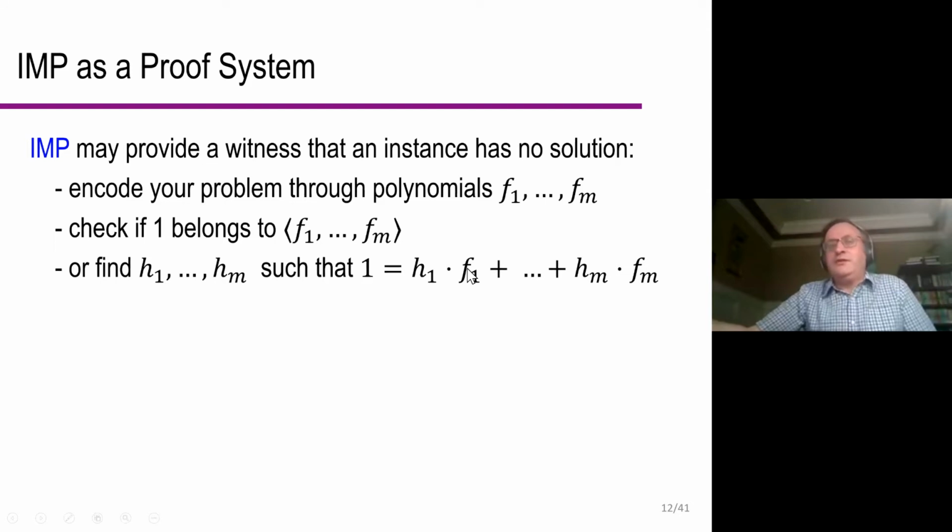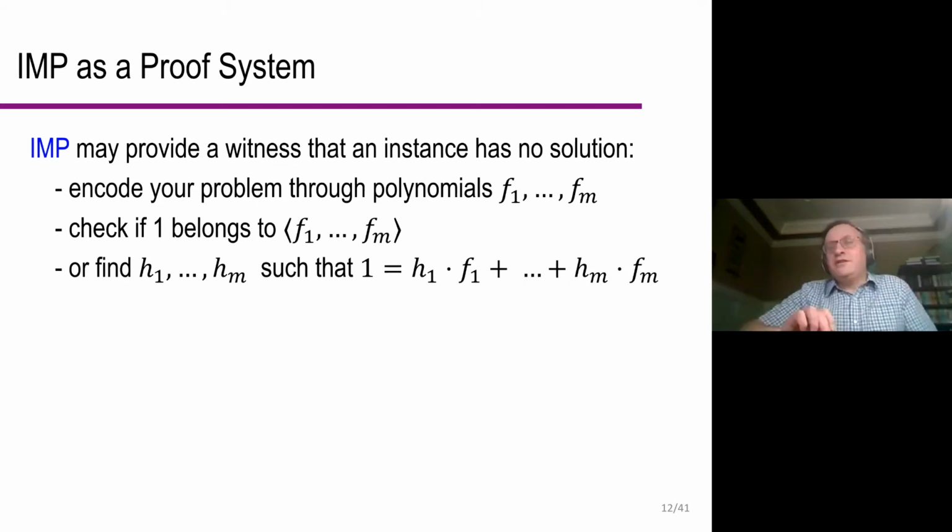Remember, if they have bounded degree, I can just write them down completely, like all monomials up to a certain degree with unknown coefficients, and convert this equality into a system of linear equations that I can then solve, or at least check if it's consistent or not. So if I have an extra condition on H1, ..., Hm, for instance, I know that if this is true, then H1, ..., Hm can be chosen of a low degree, I can actually verify that. So it also gives me an algorithm.